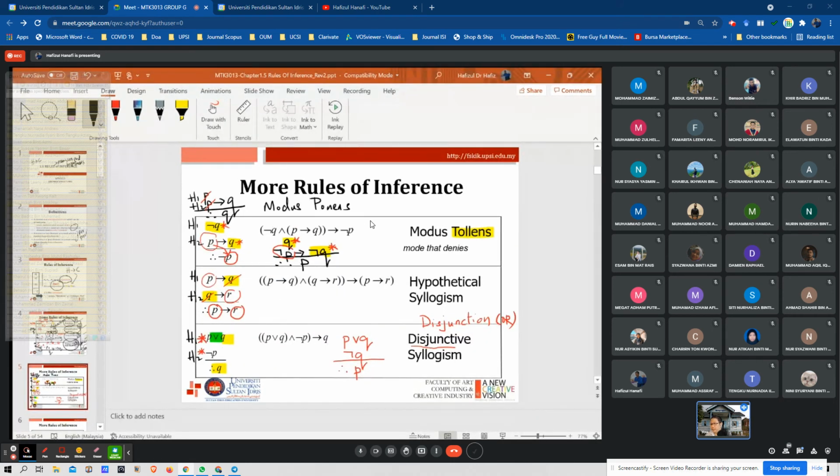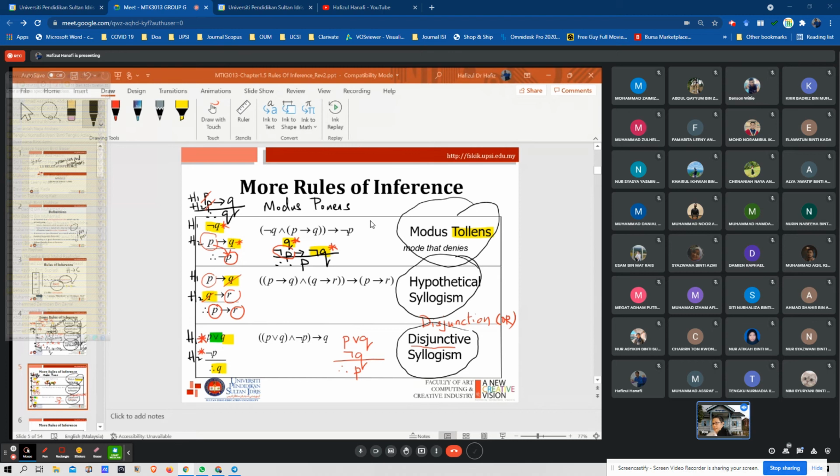This one is modus ponens that we saw on the last slide, and then this one is modus tollens. We have modus tollens, hypothetical syllogism, and then we have disjunctive syllogism. This one is replacement also.